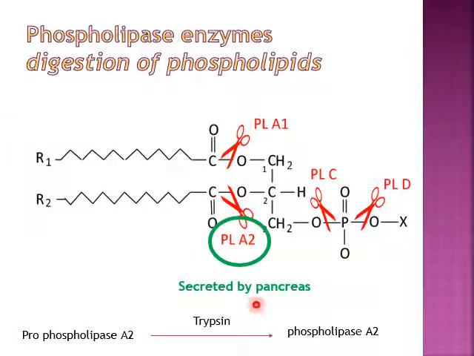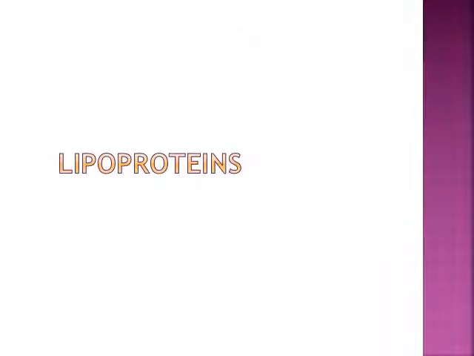The most important enzyme for the activation of phospholipase is trypsin, which is also secreted by the pancreas.